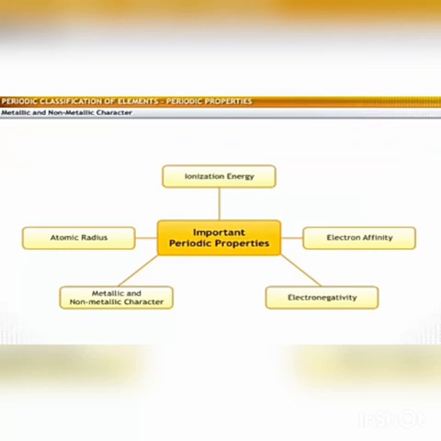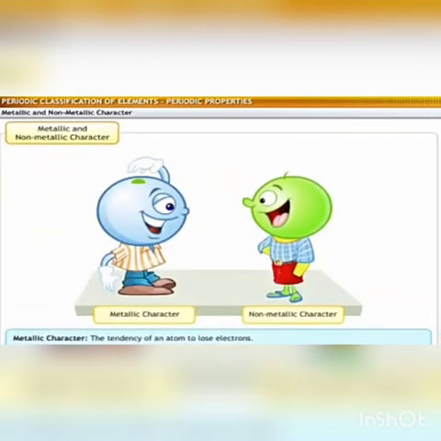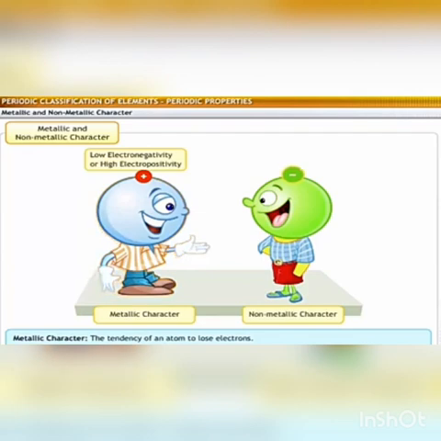The last important periodic property is metallic and non-metallic character. Metallic character is defined as the tendency of an atom to lose electrons. The tendency to lose electrons is due to low electronegativity or high electropositivity.